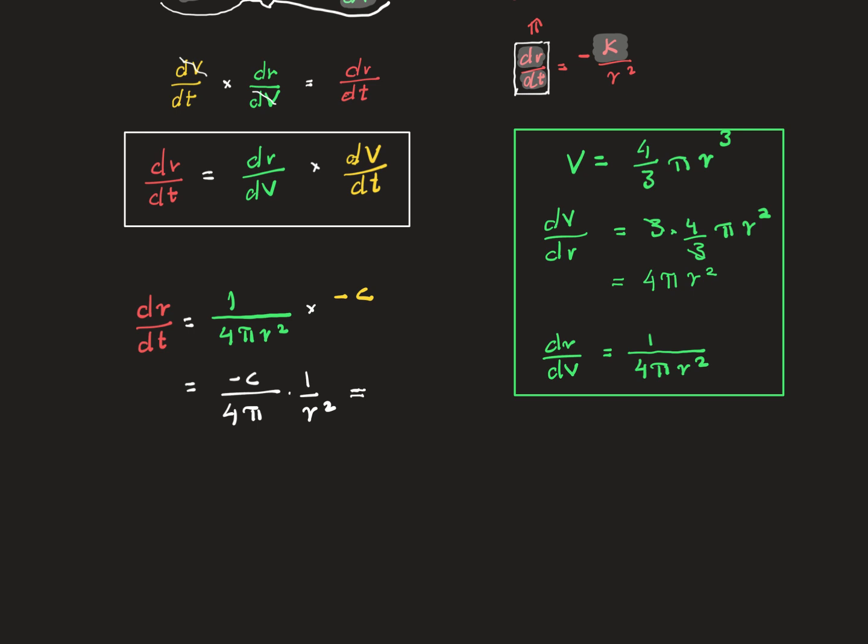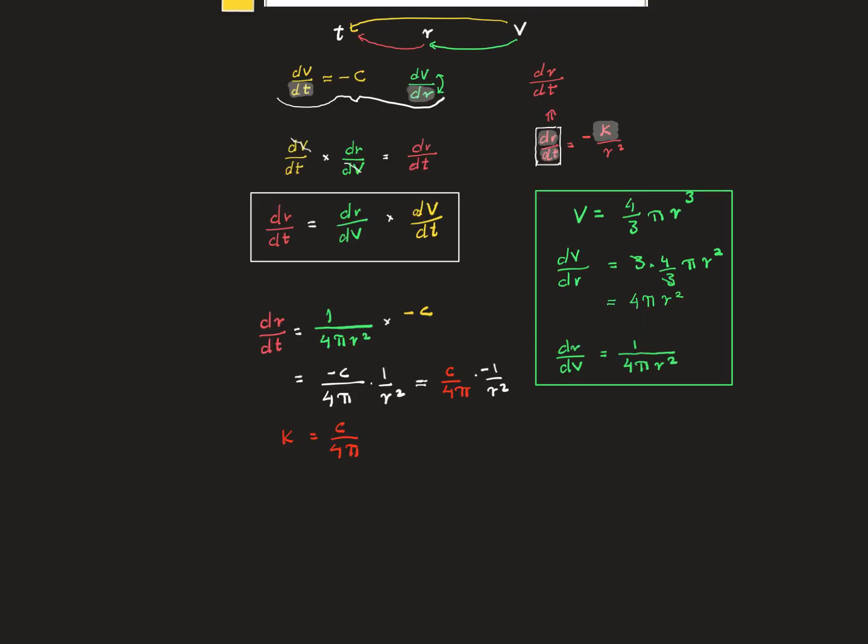This would be clearer if I just wrote c over 4 pi and then I multiplied it by minus 1 over r squared, which means that k now is equal to c over 4 pi.